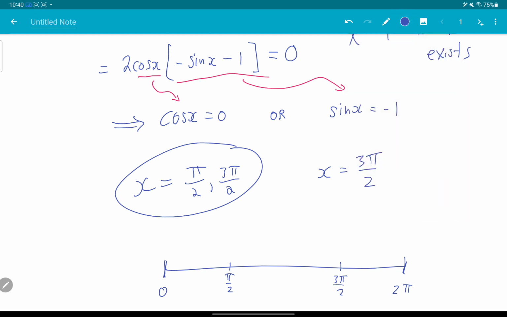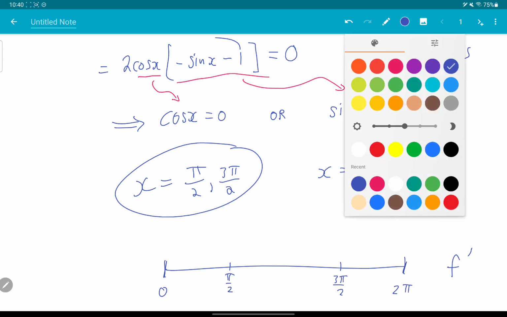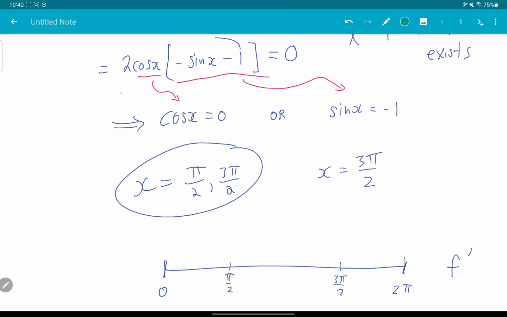Now I want to figure out the sign, plus or minus, of f prime here. Here's my f prime, so I should write that in a convenient form. F prime of x is 2 cos x.